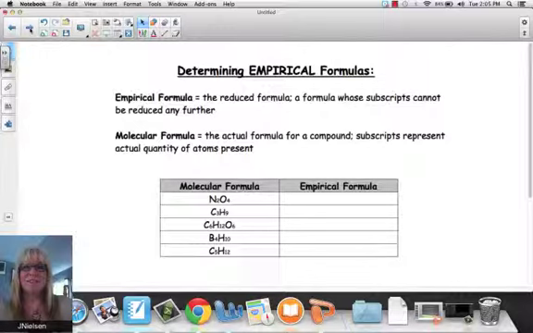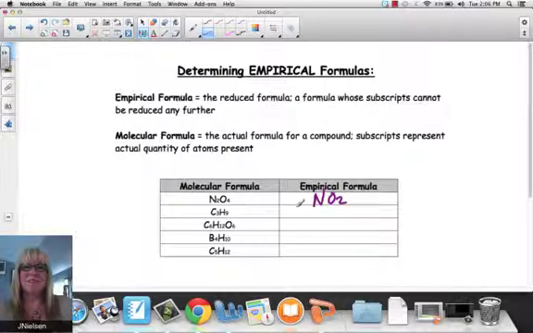So when we look at N2O4, which is dinitrogen tetroxide, we can see that that can be reduced, so 2 goes into 2 once and 2 goes into 4 twice. So the reduced formula would be NO2.